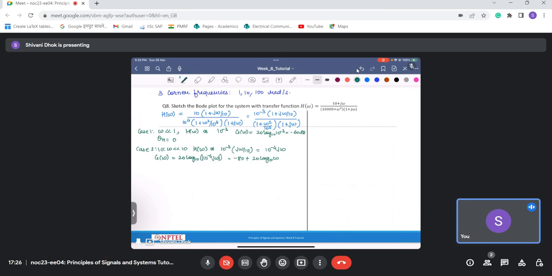Okay, now let us consider case 3. So here omega is much greater than 10, but much less than 100. So this h of omega is equal to 10 power minus 3 into 1 plus j omega by 10 upon, this contributes as 1, j omega, so this also contributes as j omega.